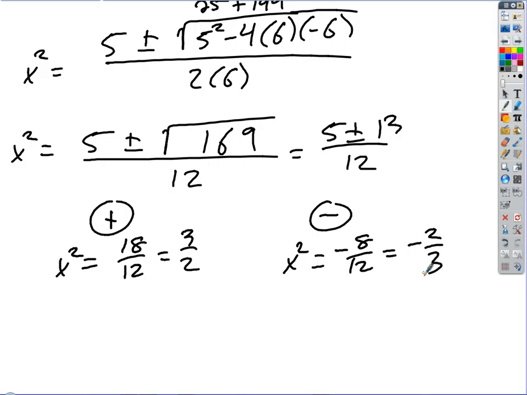So now look, those are my two equations. I've got x squared equals 3 halves, or x squared equals negative 2/3. Let's look at both of those. So let me write them down before I forget them. We can solve both of those by just square rooting. What do I get over here if I square root?